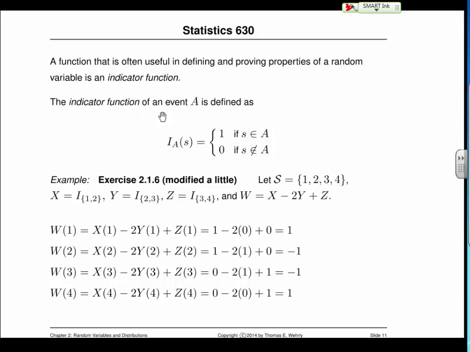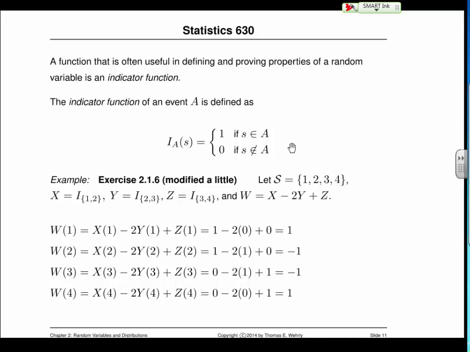So for any event A, an indicator function will take on the value of 1 if s is an element in A, and it will take the value 0 if s is not in it. So this is just a function telling us if an outcome s is in an event A or not. We get 1 or 0, depending on whether it's in A.